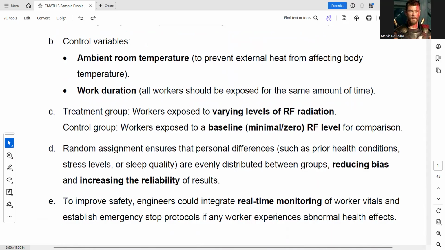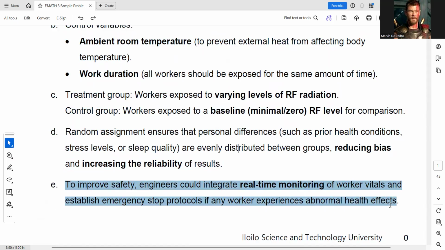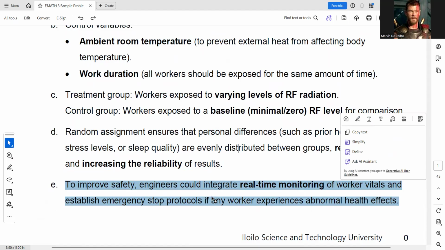Now, as a suggestion based on this, assuming you conducted the test already, a possible suggestion to improve the safety among workers is that the engineers, or whoever is in charge of the safety of the workers, could integrate real-time monitoring of worker vitals and establish emergency stop protocols if any worker experiences abnormal health effects.